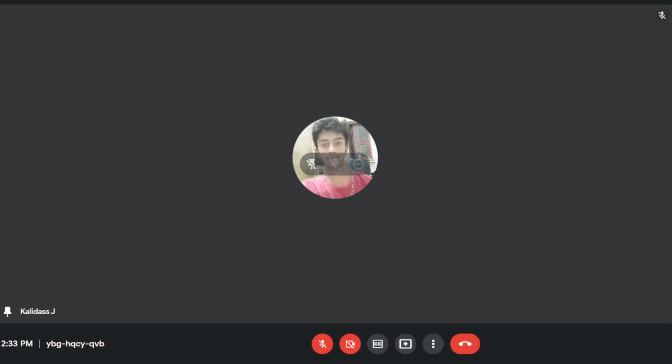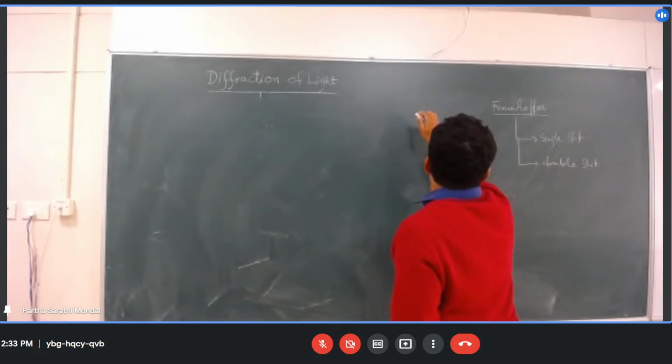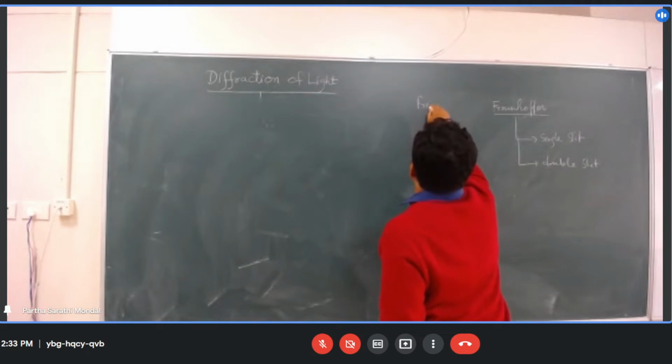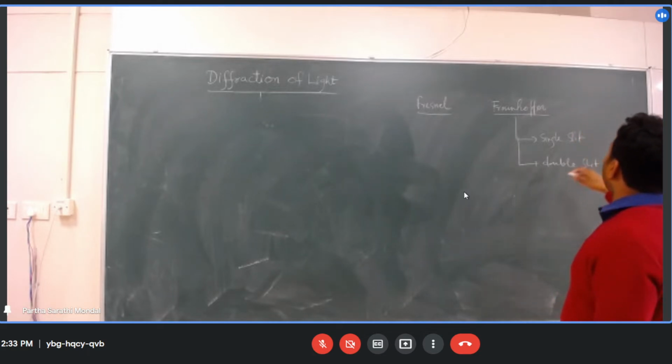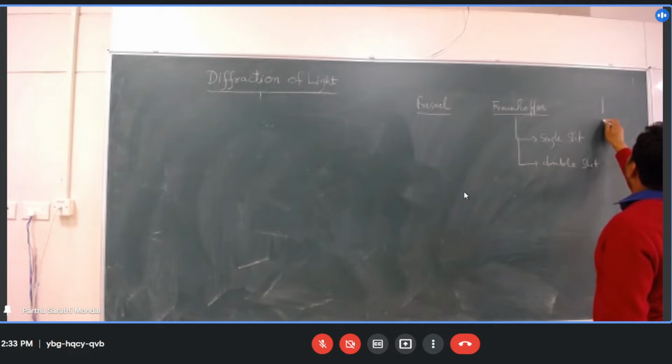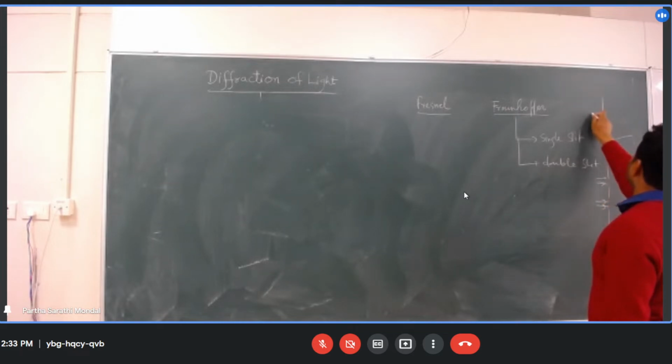In our syllabus, as I said, we have two classes of diffraction. One is Fresnel and the other is Fraunhofer. In Fraunhofer, we have diffraction from one single slit, and we also have in our syllabus the double slit diffraction pattern. That means two slits will be there, and here only one slit.